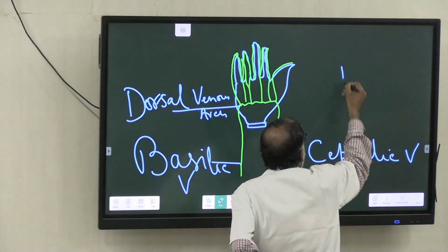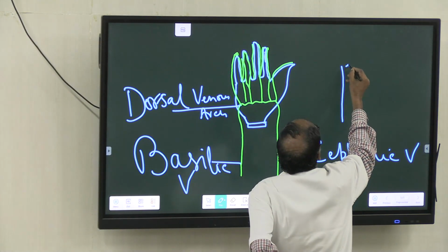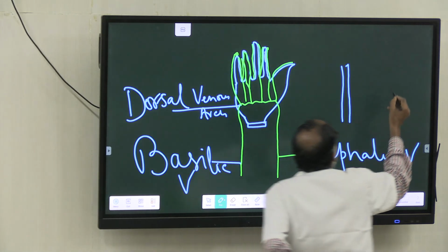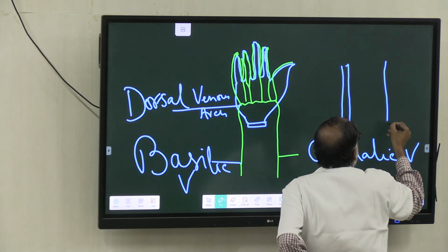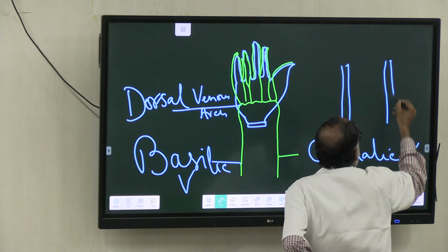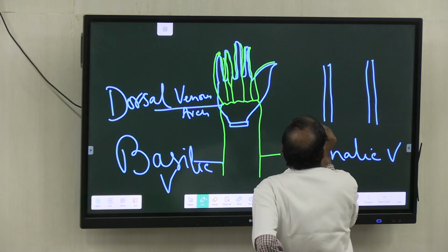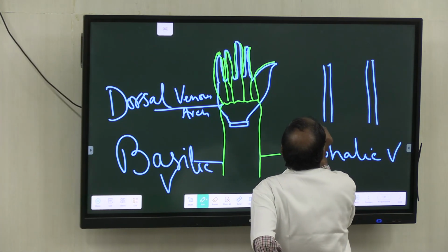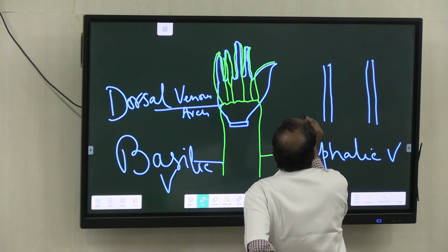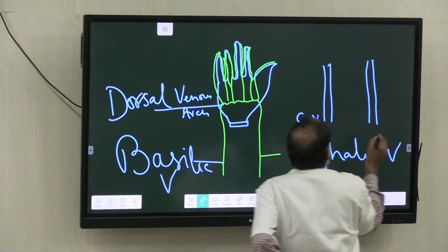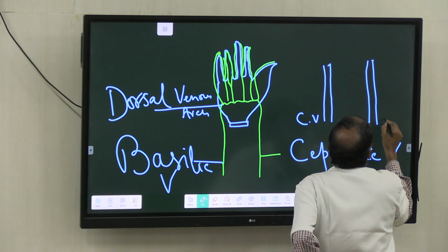Suppose this is the cephalic vein. This is the basilic vein.